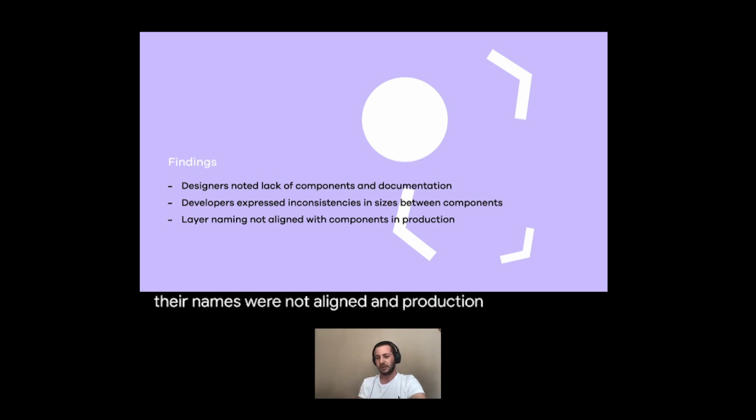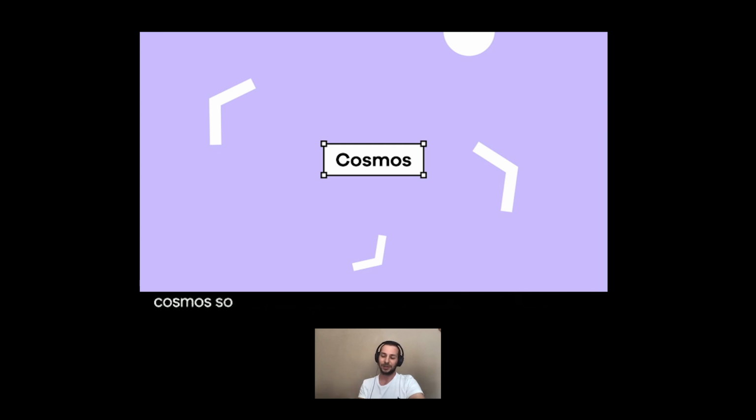After interviewing designers and developers, I decided to use Cosmos. So what is Cosmos? Cosmos is our online design system, which also ended up being the reference for me. As mentioned, in Sketch we only had about 40 to 50% of the components we have in production, so we had a lot of inconsistencies there.